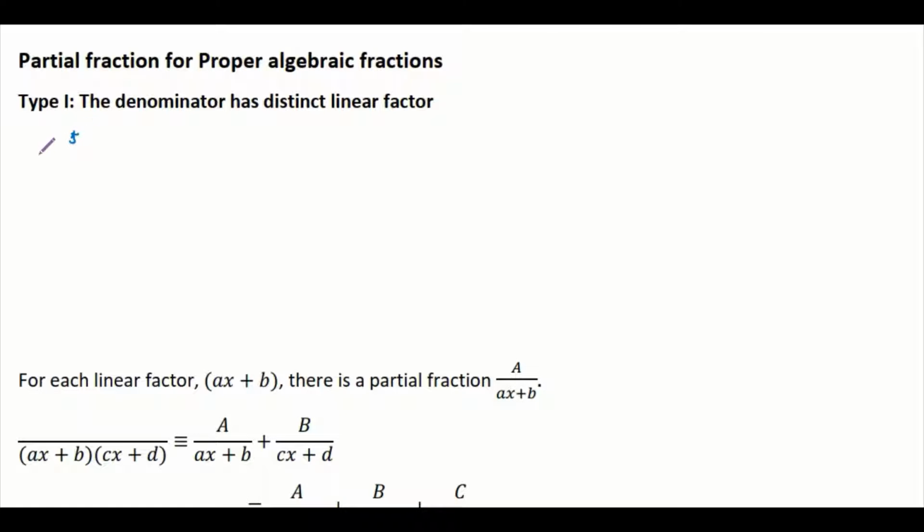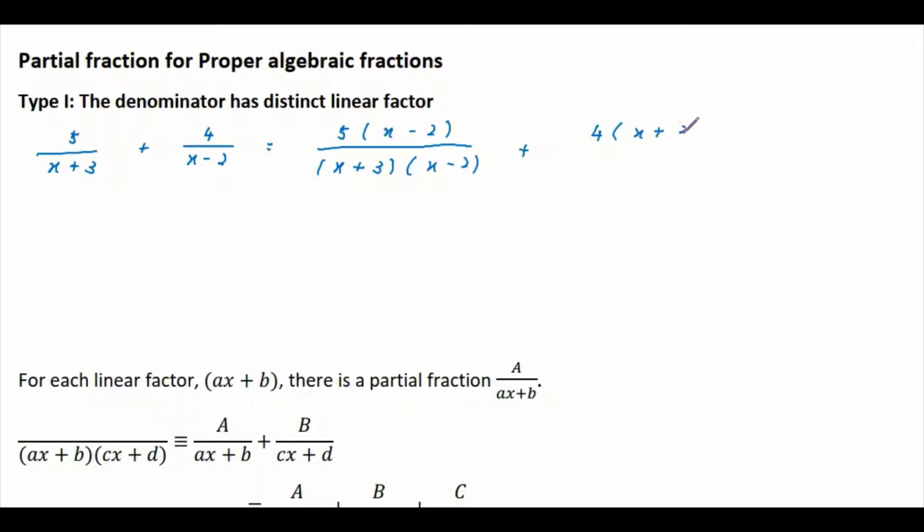If I have 5 over x plus 3 plus 4 over x minus 2, when you want to calculate this, what you do is multiply them. This is the same idea as the first example that we did just now.